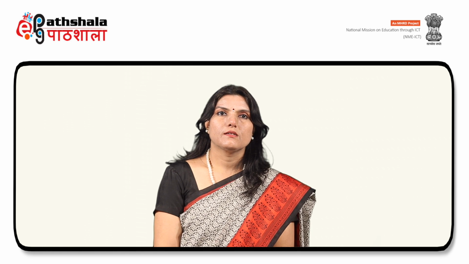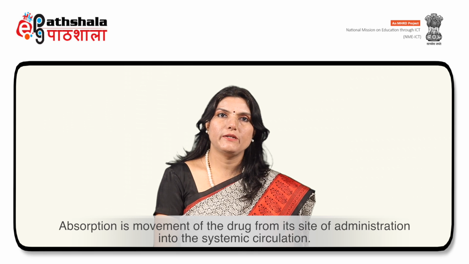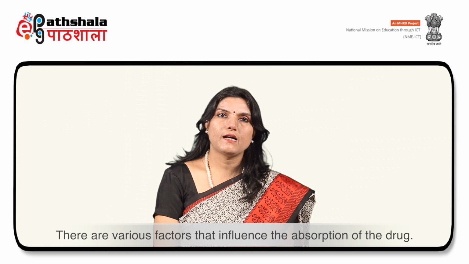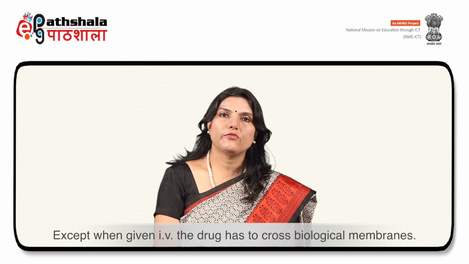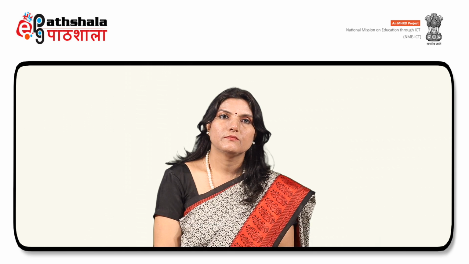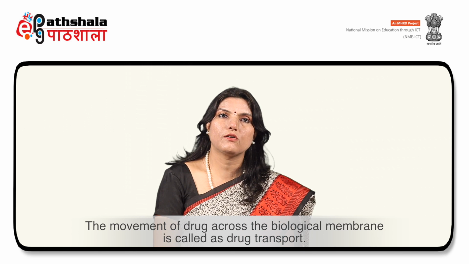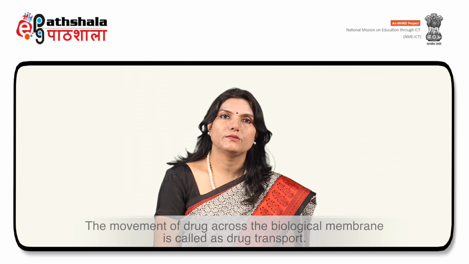In conclusion, absorption is the movement of drug from its site of administration into the systemic circulation, and there are various factors that influence drug absorption. Except when given intravenously, the drug has to cross a biological membrane. The movement of drug across the biological membrane is called drug transport.